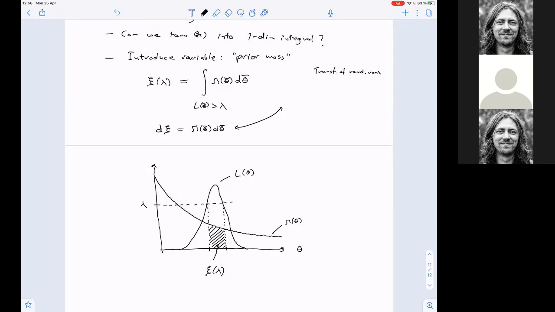If you have two random variables that are related, say x and y, and you have the PDF of x, p of x, and you want to find, well, what is the corresponding PDF of y, if y is some function of x, for instance, then your starting point is to say that I will have a mapping so that the amount of probability in some small region of x space should be the same as the amount of probability in the corresponding region of y space.